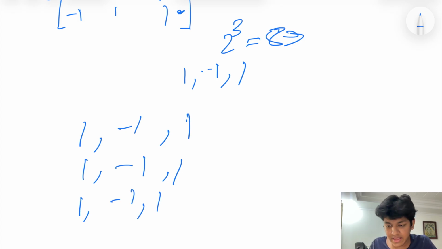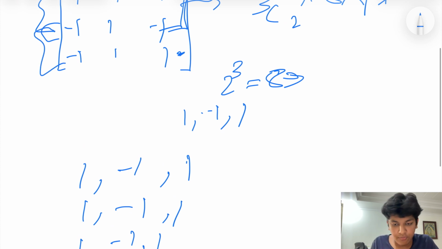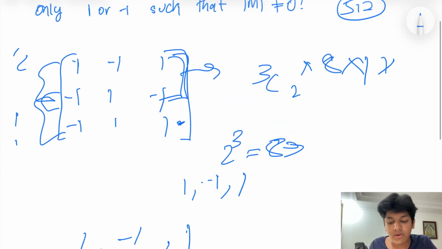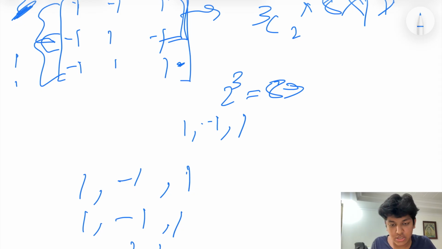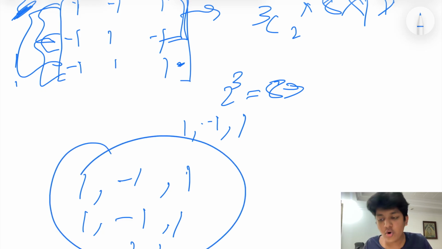Then in the next case we choose these two rows. They become 1 minus 1 1, 1 minus 1 1, but then this row can also become 1 minus 1 1. And similarly, if we choose these two rows, then also the double counting will be there. So we are counting this whole matrix 3 times, right? And we do not want to do that.